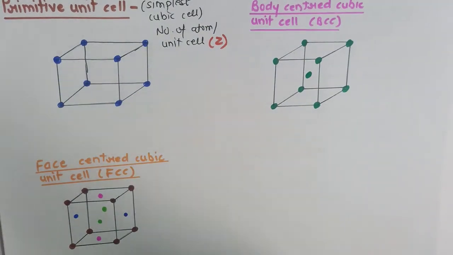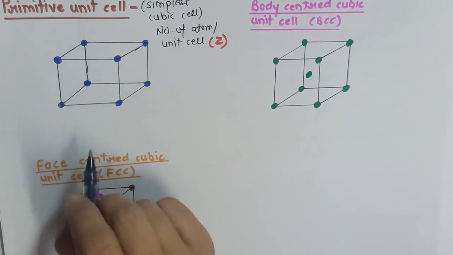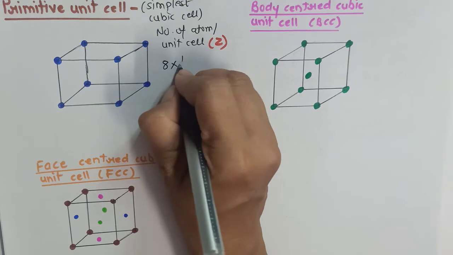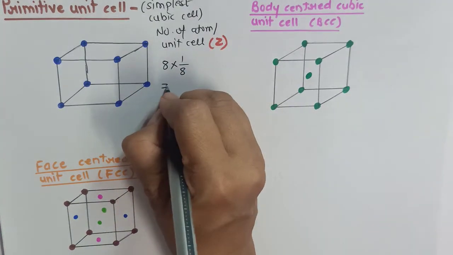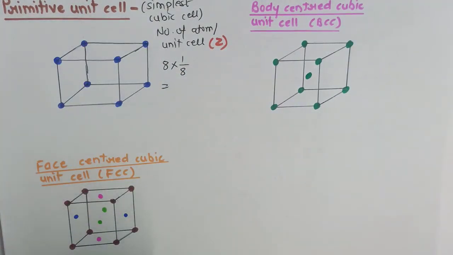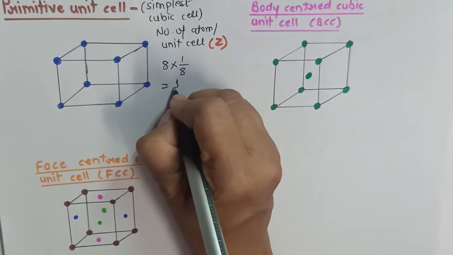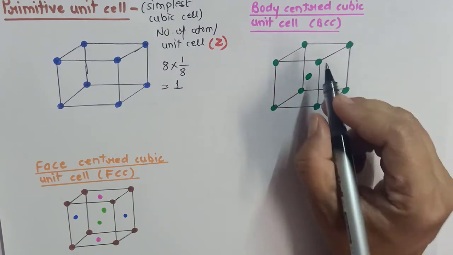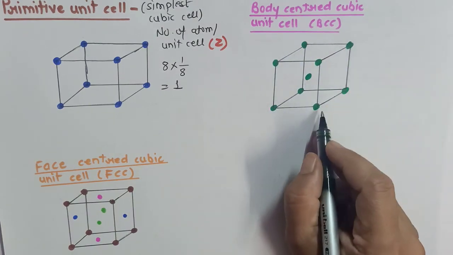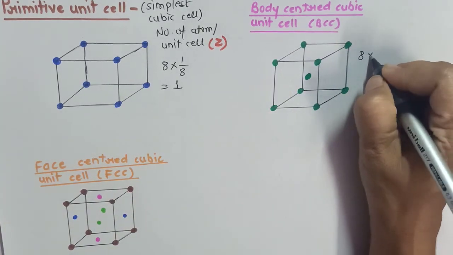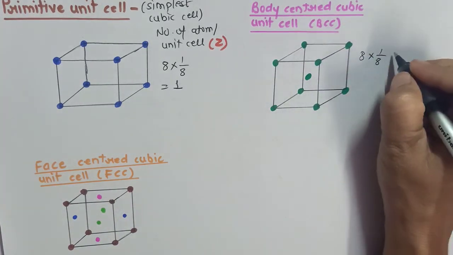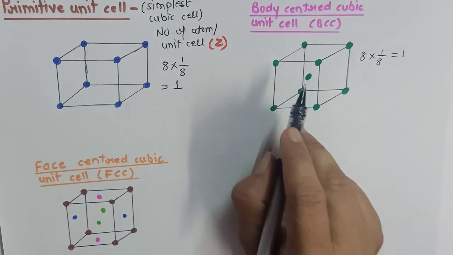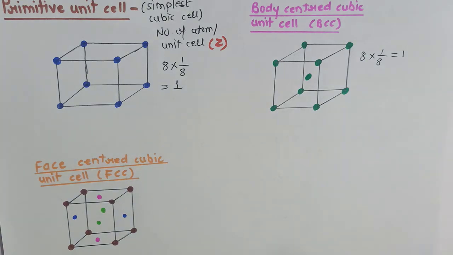Now in a primitive unit cell, how many constituent particles are there? 8, each one giving its 1/8 contribution, and therefore in the primitive unit cell, or the simplest cubic cell, Z is equal to 1. Coming to the body centered one, again the 8 corner constituent particles give their 1/8 contribution, so 1, as well as one more constituent particle present inside the unit cell.